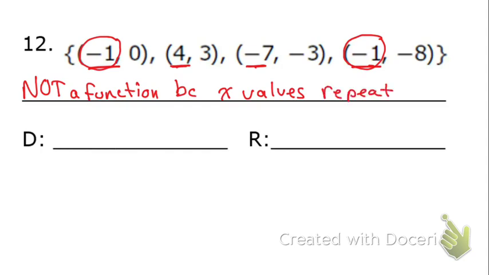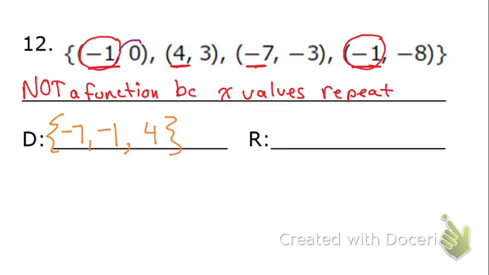All right, now let's list our domain. Our domain are those numbers I underlined. So I need to put them in order from least to greatest. So it'll be -7, -1, and I only write it one time, and then 4. So that will be our domain. Our range will be our y values.